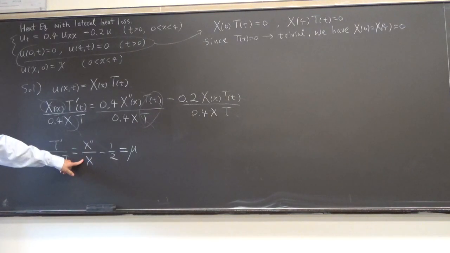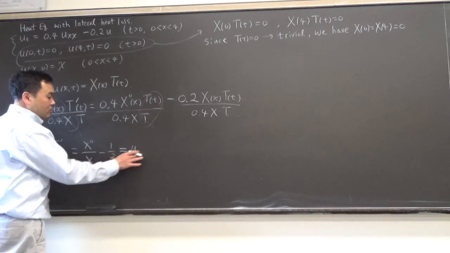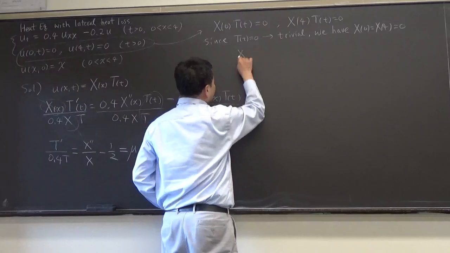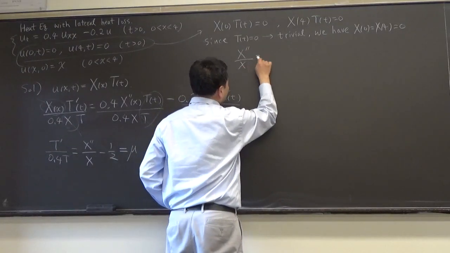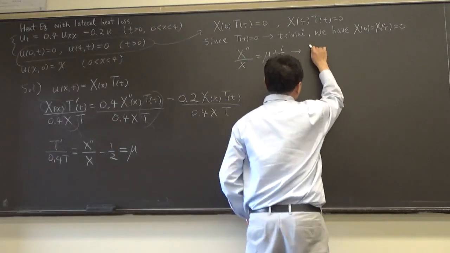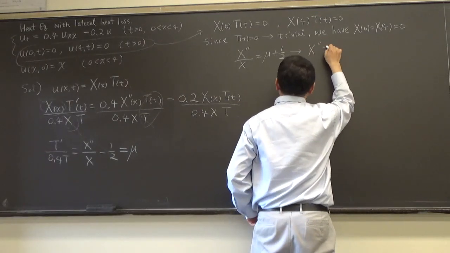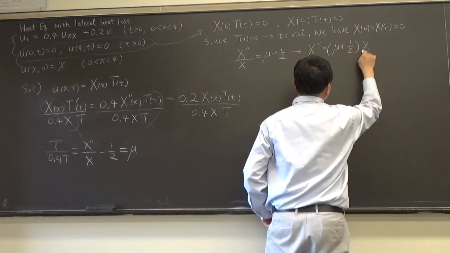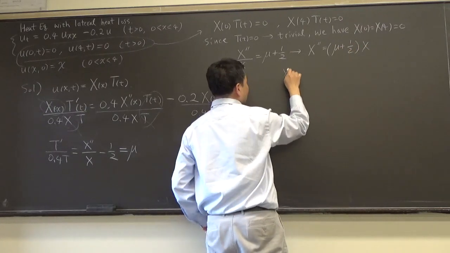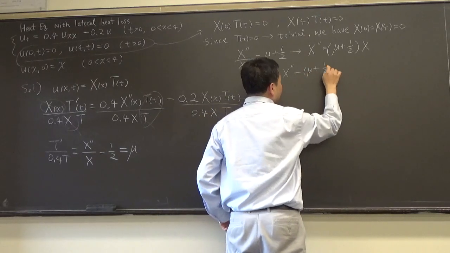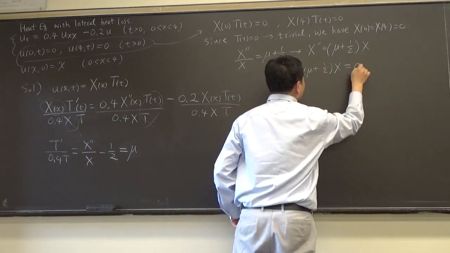Then let's solve this for x double prime by first adding negative 1/2 to the other side, so that you have x double prime over x equals mu plus 1/2, so you get x double prime equals mu plus 1/2 times x. Move this to the left side and you get x double prime minus (mu plus 1/2) x equal to 0.